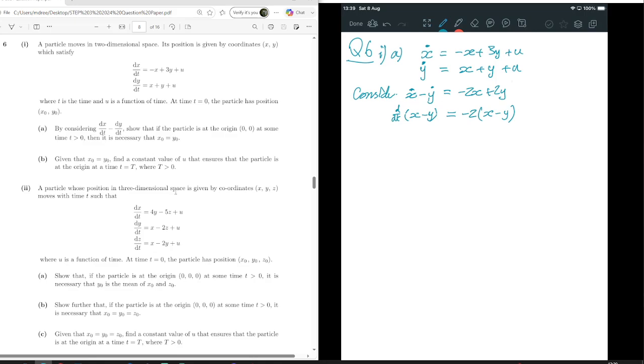So let's try it. Noting the general solution for such equations is x minus y equals something e to the negative 2t.